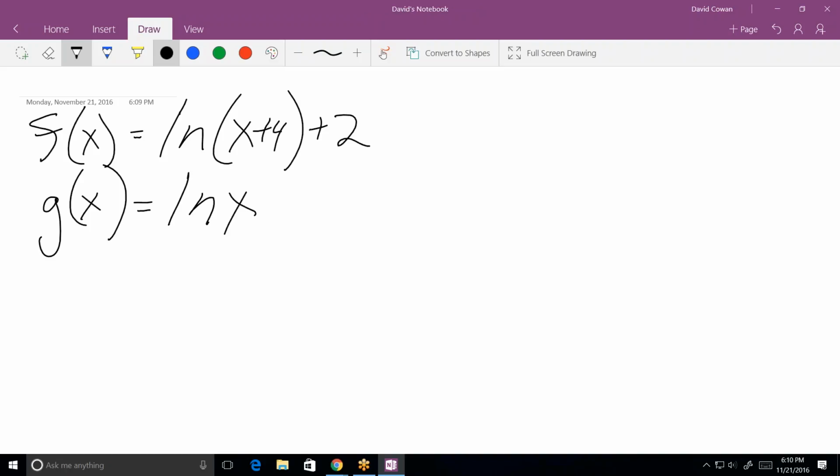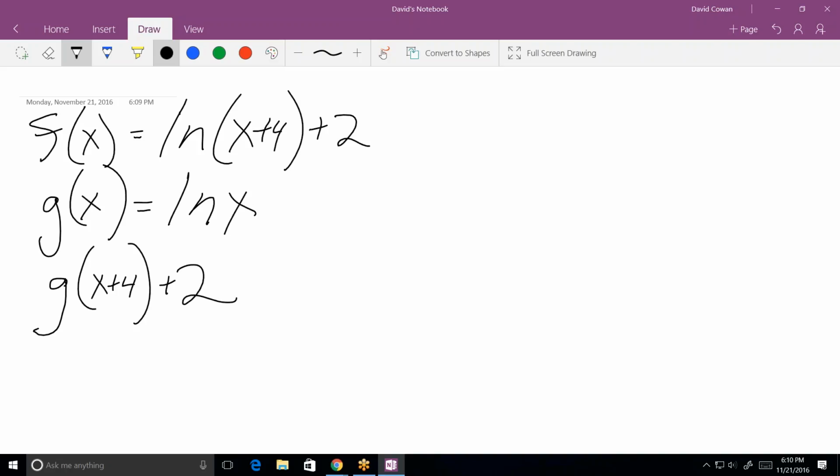What is it? The secret on these transformations is, once you figure out the parent function, how can I write the parent function in a manner that's equal to f of x? You said shift left 4. Well, this is what I mean.